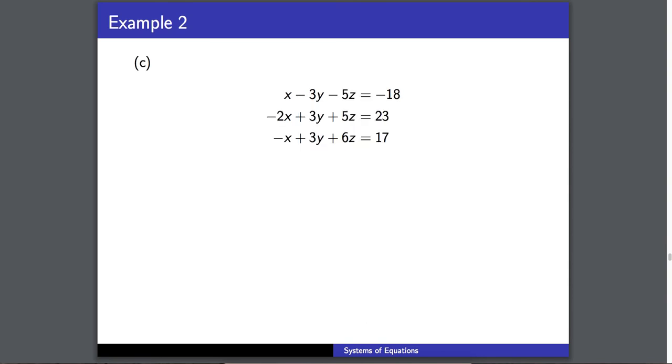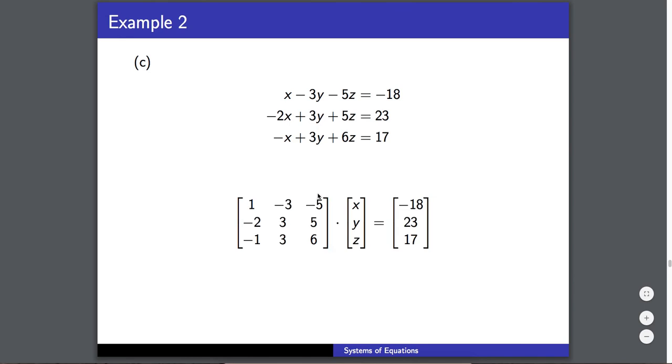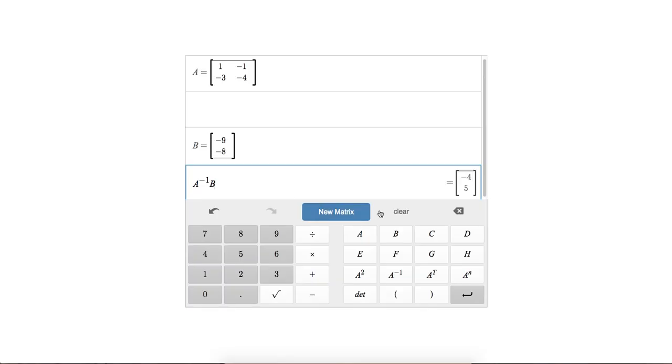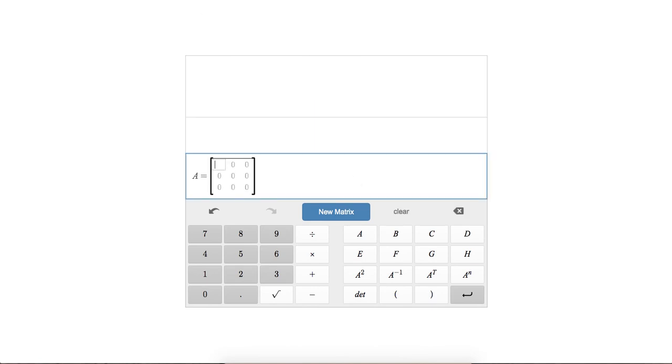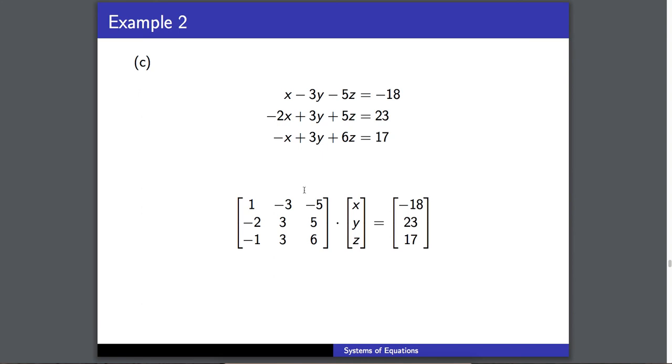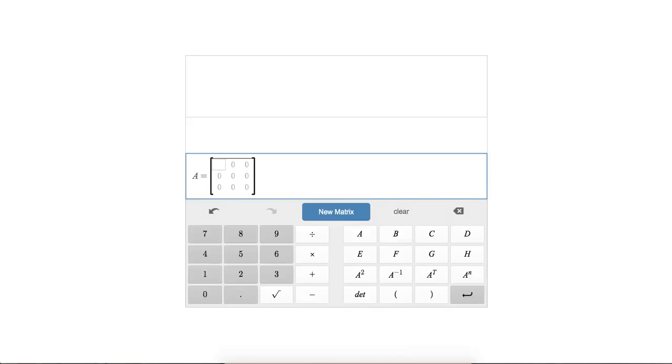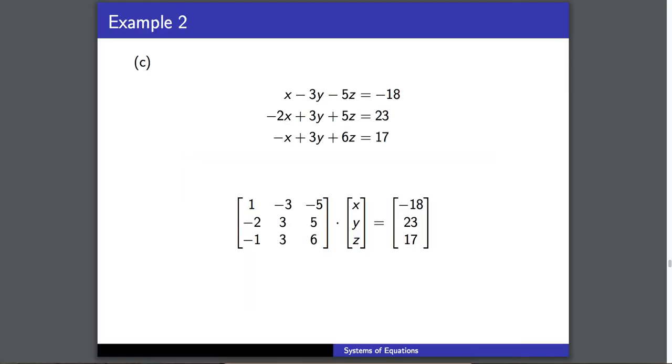All right, part C, we have this new matrix equation, so at least we don't have any missing variables to fill in with zeros. Alrighty, so pretty much the same technique. I'm going to just clear this out. New matrix A is going to be 3 by 3. And let's see, we have 1, -3, -5. Then we have -2, 3, and 5.